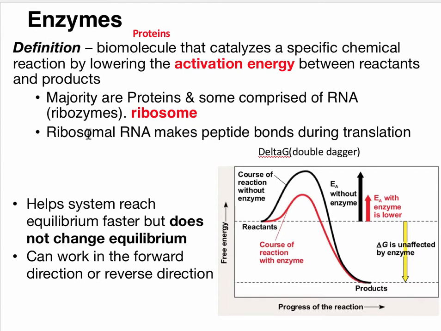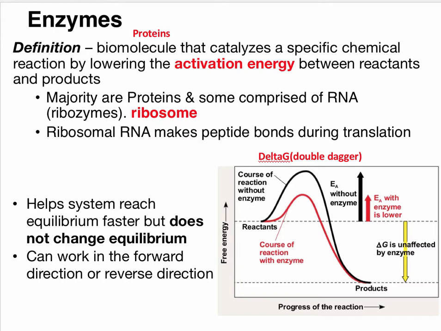Ribosomal RNA makes peptide bonds during translation. Hopefully you've talked a lot about that mechanism in other classes. It's a beautiful mechanism, but we just don't have time to talk about that in this course. All right, so the majority of the enzymes, or all of the enzymes we're going to talk about this semester, are actually proteins.